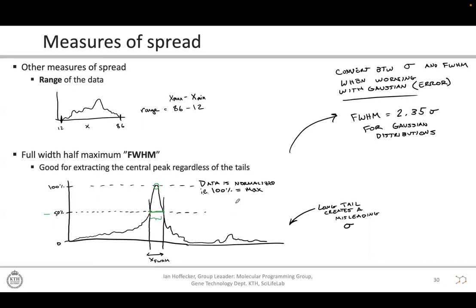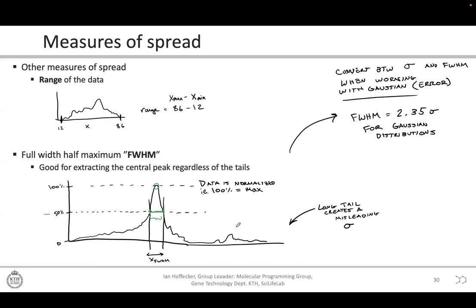And so this can be either useful or misleading depending on how your data looks and what you want to show.